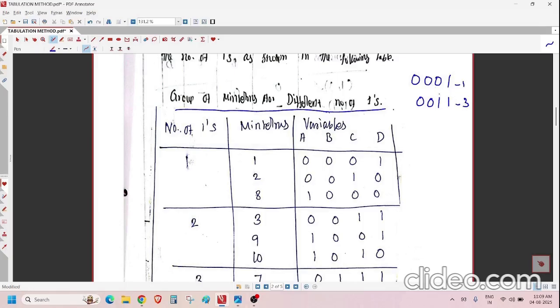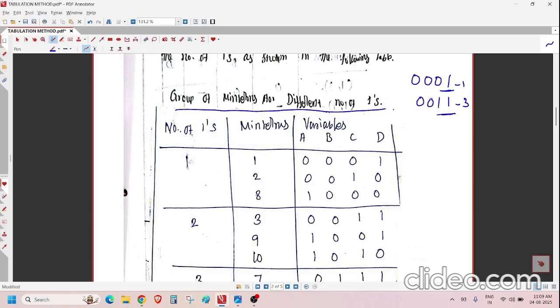In this you can see for the first input we have only one number of ones, but in the second input we have two number of ones. Likewise we have to group the min terms. That is table number 2, group of min terms for different number of ones.